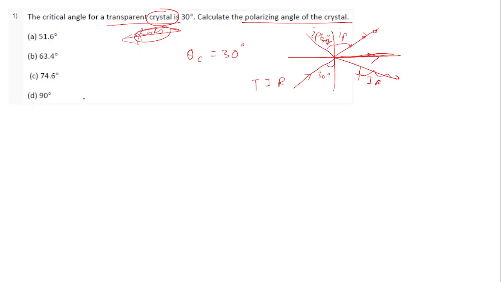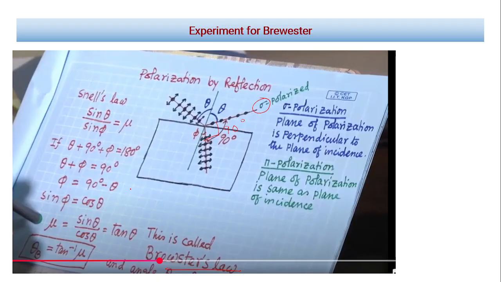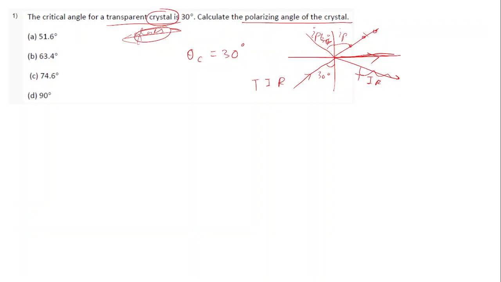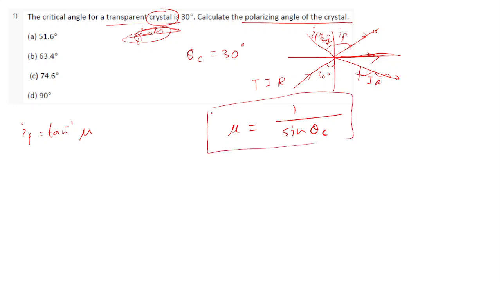One thing we know from Brewster's law is that this polarizing angle or Brewster's angle is tan inverse of the refractive index. But we don't know the refractive index. We can find the refractive index since we know the critical angle. The relation between critical angle and refractive index is this. So what will the refractive index be here? It will be 1 over sine theta c. Theta c, the critical angle, is 30 degrees.